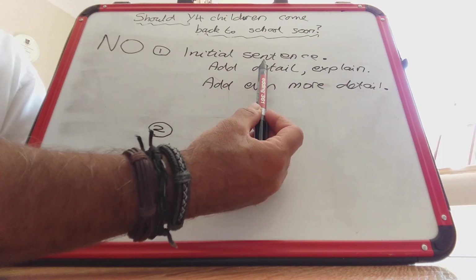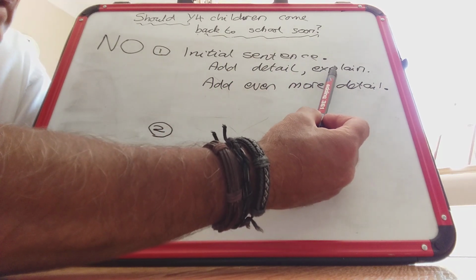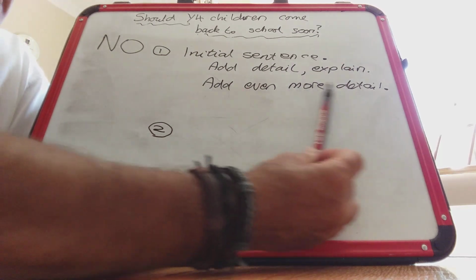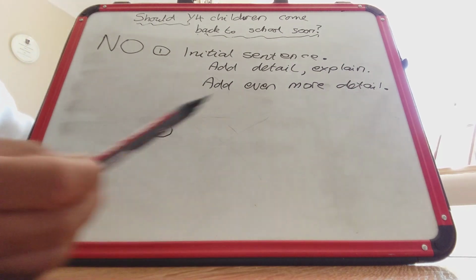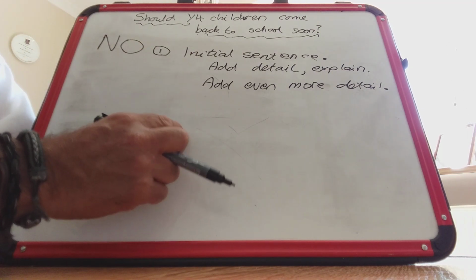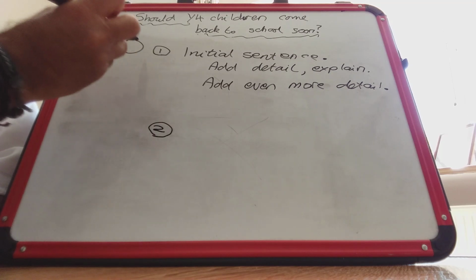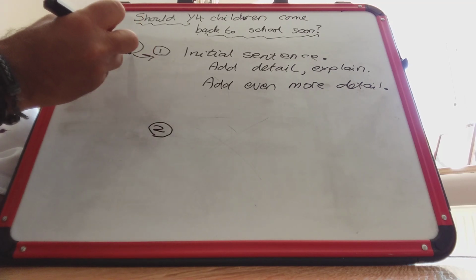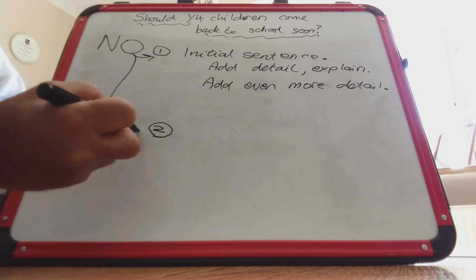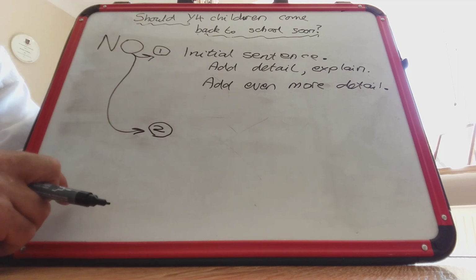But if it's quite complicated, then you might need to add one sentence to explain it a little bit, and then a second sentence to explain it in more detail. The second reason, and don't forget these are reasons why we're saying no. So no for the first reason, and then no for the second reason, and these are completely separate reasons.